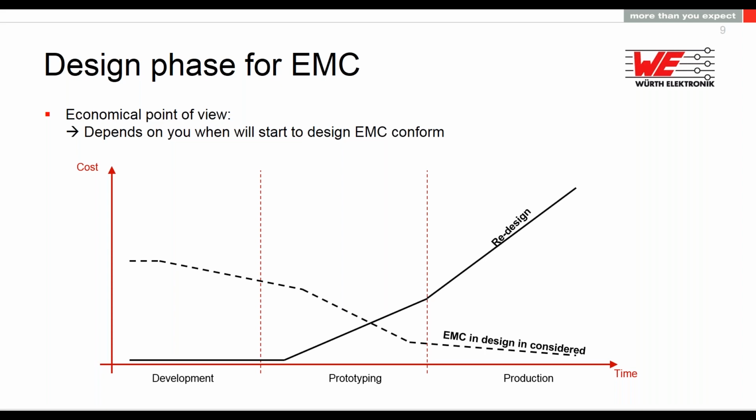In my opinion, the EMC thinking or the EMC design starts very, very early in the development phase. Before you have a PCB, when you draw your first schematic, you have to think about it. If you have a very simple DC-DC converter and a switching frequency of 1 megahertz, which is not something spectacular today, you have to think about its harmonics: third, fifth, seventh harmonics.